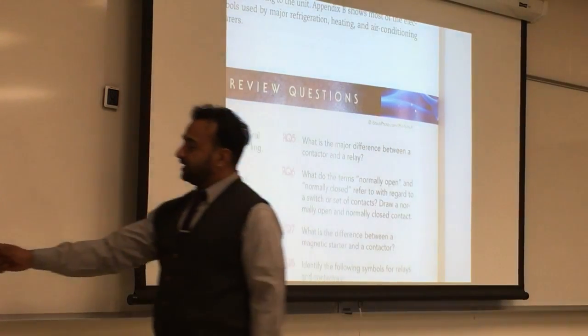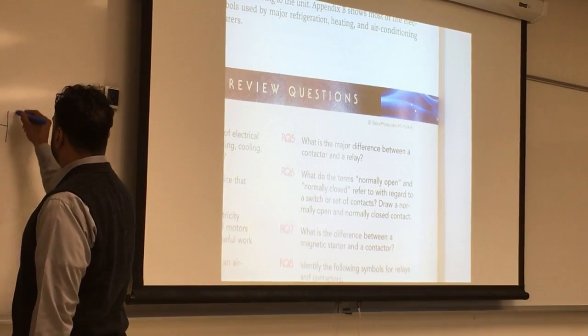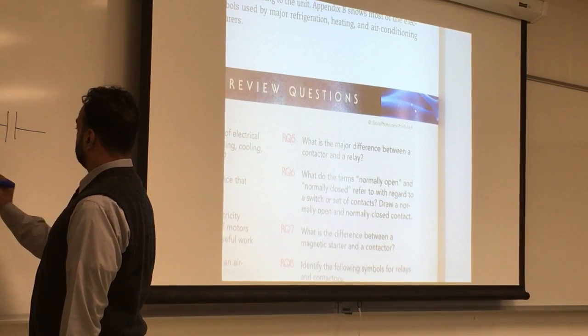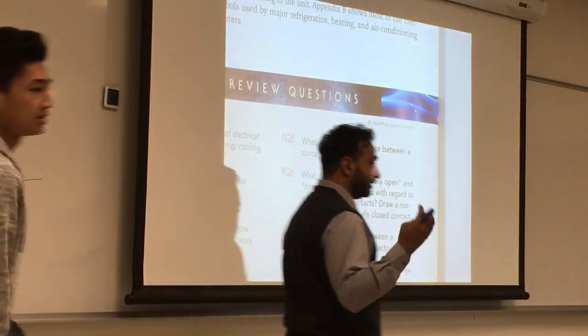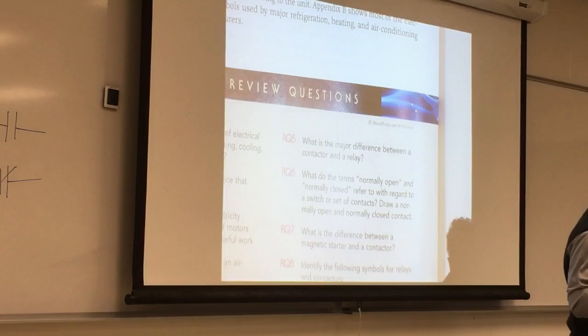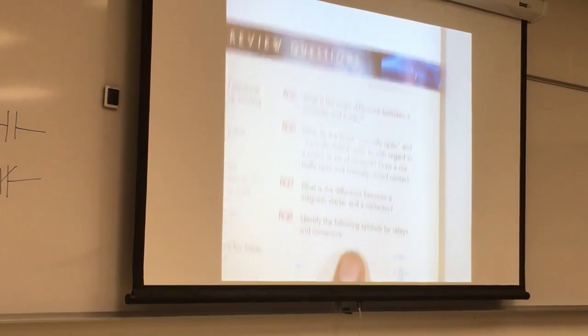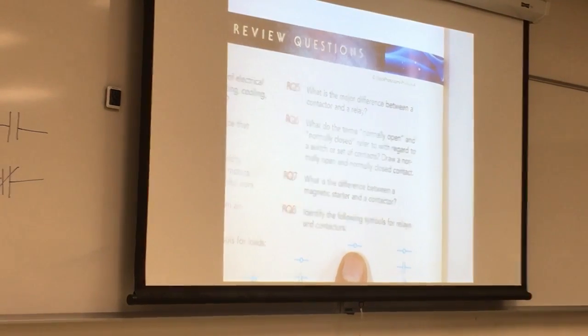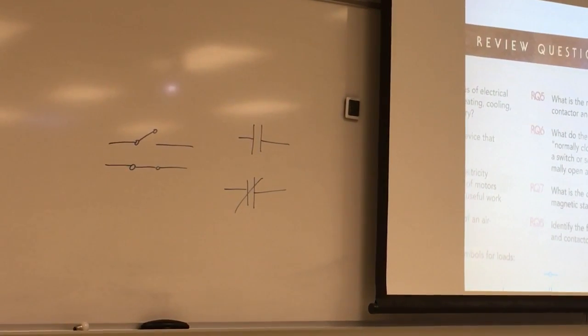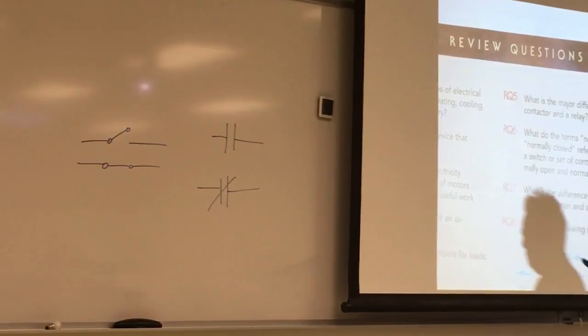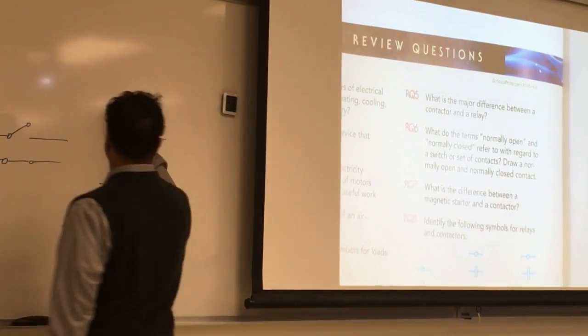But if you see them like this, it's normally open. Oh, yeah. This is normally closed. Okay, thank you. This is gonna be in the quiz at some point, so you better pay attention. Which one's the one that's open? The one that's open on top, right? Yeah, normally open, normally closed. That's open.